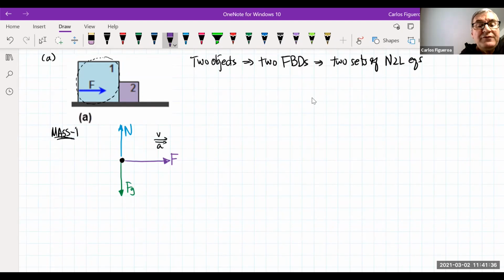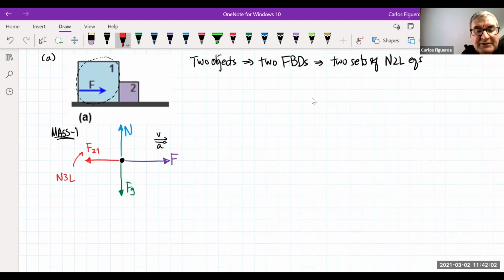So if there's a force, then there has to be a force that is shorter than this force. This is the force of 2 acting on 1. And from Newton's third law, there has to be an equal and opposite force.